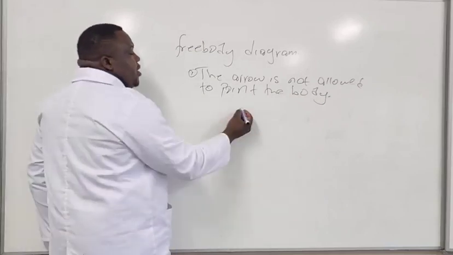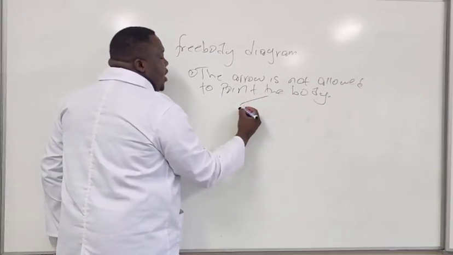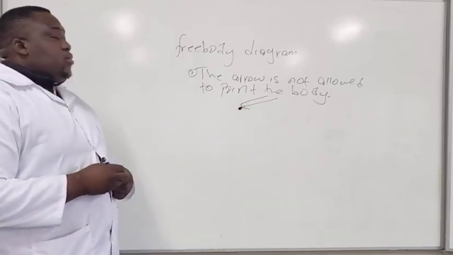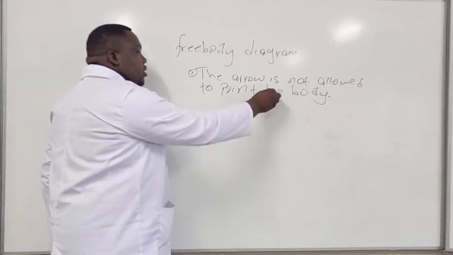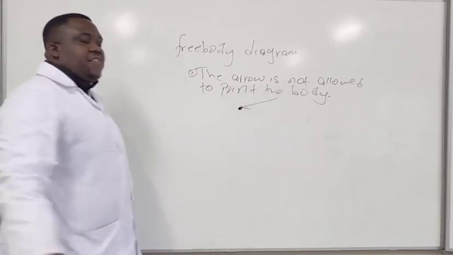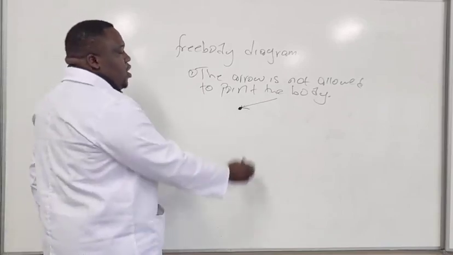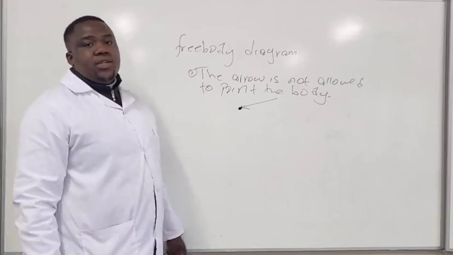What do I mean? If this is the body, which is represented by a dot, you are not allowed to draw something like this that points at the body. The arrow is not allowed to point at a body. We are not allowed in a free body diagram to point at a body. So this is the first rule that I must tell you.